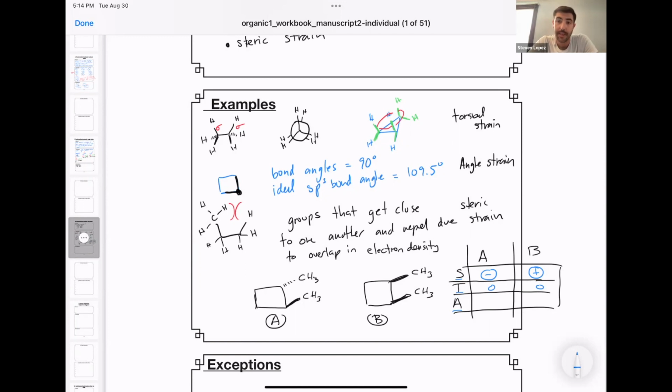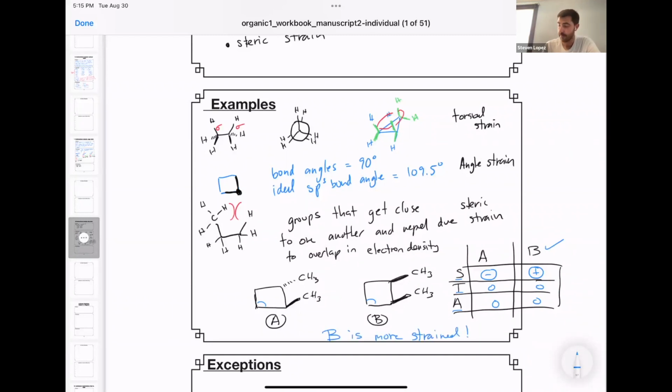And then angle strain is identical also because both of these have bond angles that deviate from the ideal sp3 hybridized bond angle, because both of these bond angles are 90 degrees in A and B. You can see here that everything's the same except for steric strain, which is higher in B. So B has more strain energy.